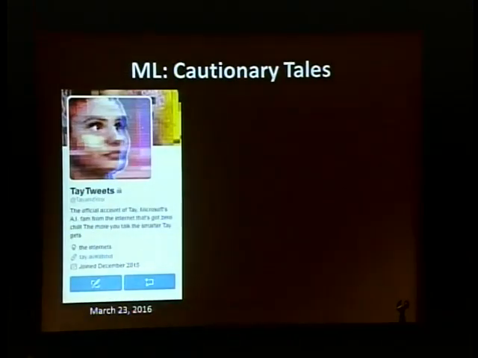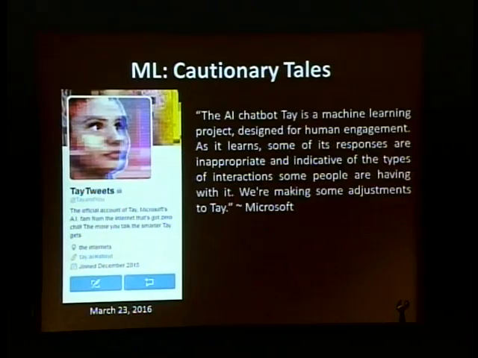Another more recent fail was Microsoft's Twitter bot, which used natural language processing to teach the software to talk like a teenager on Twitter. And after being online for about a day, it turned into a racist jerk. They had to shut it down and apologized.